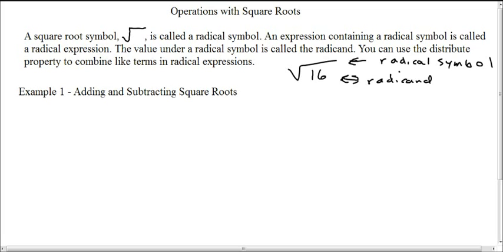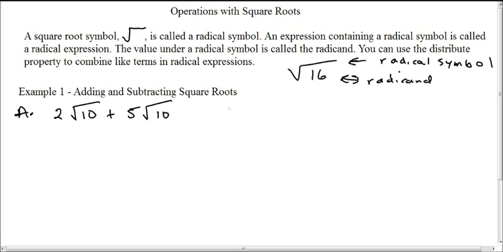We need to keep that same analogy when we're dealing with adding and subtracting square roots. Let's take an example. Example A: I want to see if I can add 2 times the square root of 10 plus 5 times the square root of 10.